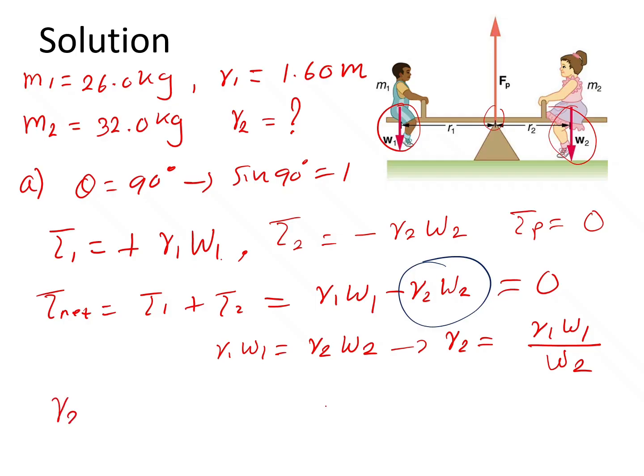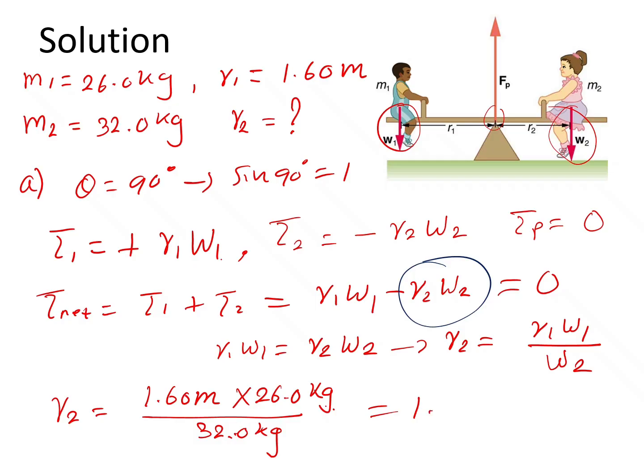So R2 is 1.6 meters times 26 kilograms divided by 32 kilograms, and this equals 1.3 meters. This matches our prediction. The second child is heavier, so she must sit closer to the pivot to balance the seesaw.